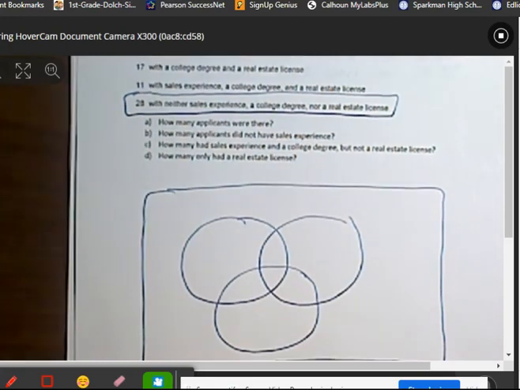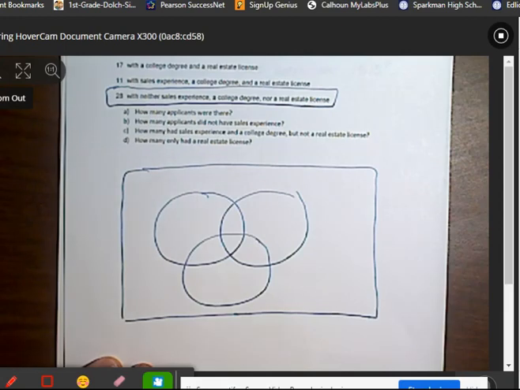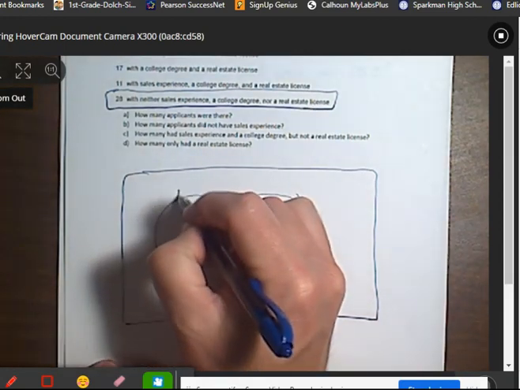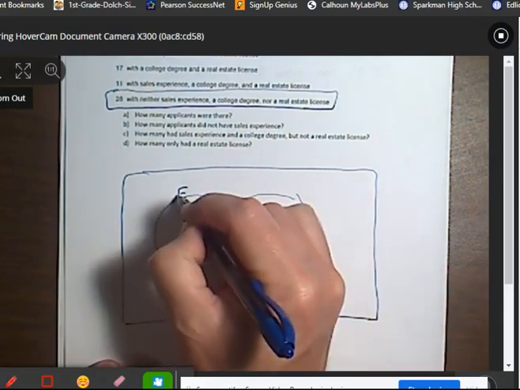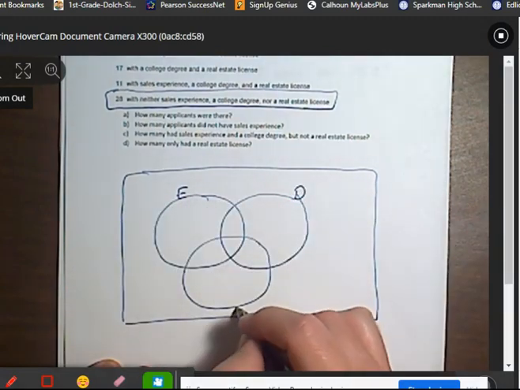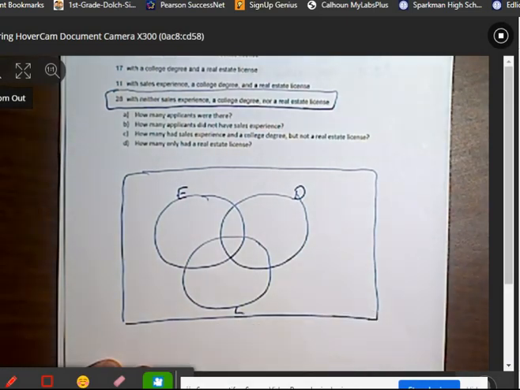So you'll start off with something like this, where I would put an E up here for experience. This would be a D for degree, and then this would be L for their license. So that's the three different categories.